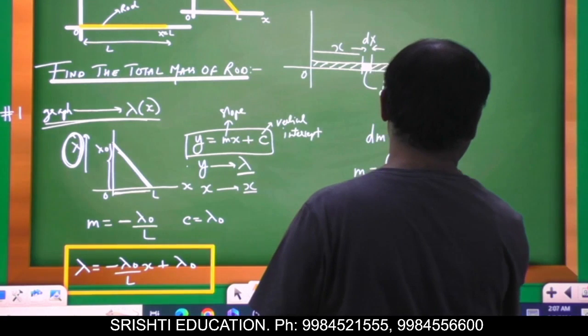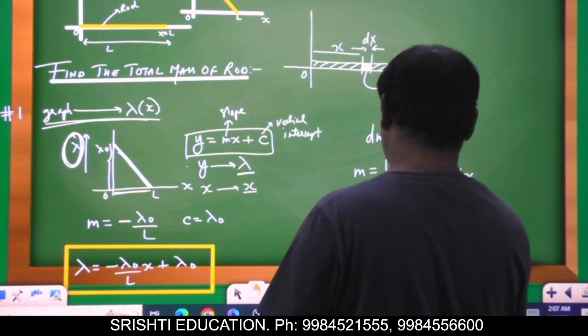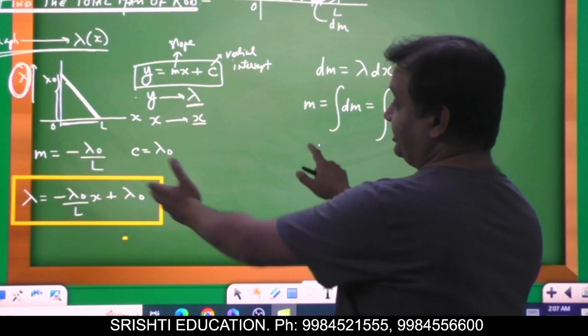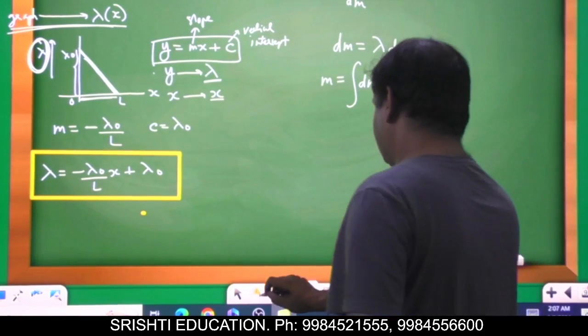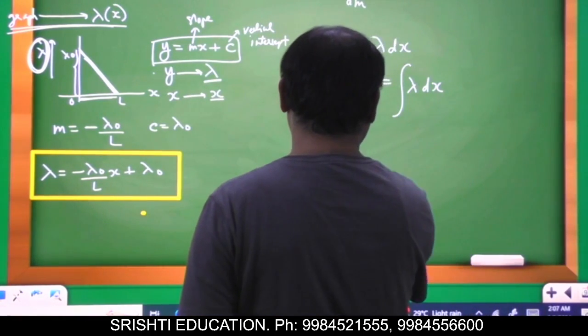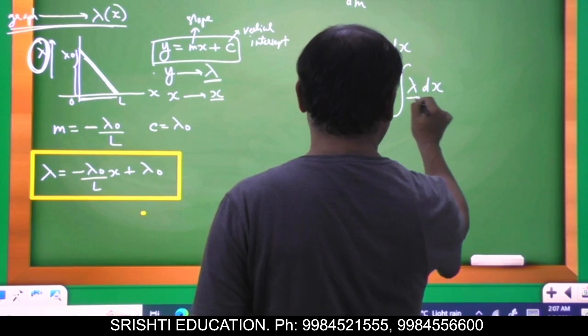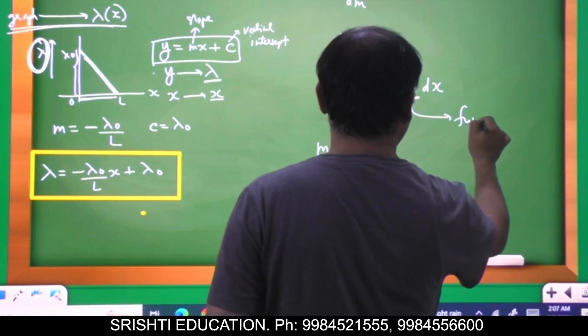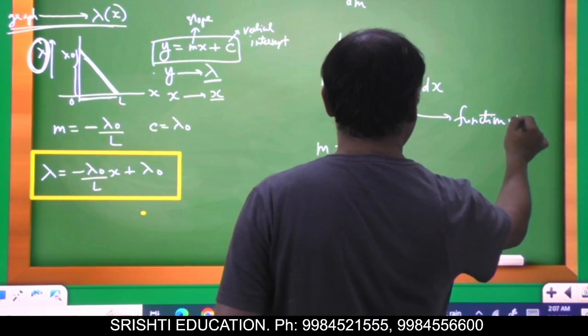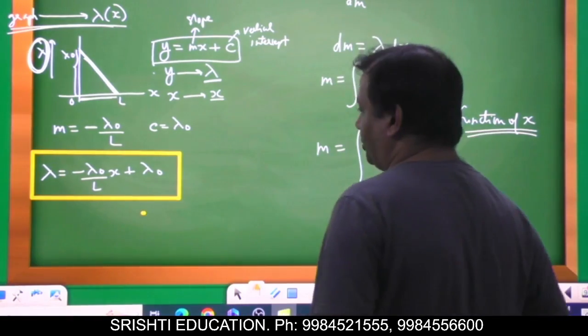So it is integral of lambda dx, and again we can't bring lambda outside because in this case lambda is a function of x. So we have to put lambda as a function of x, then only the integral will be possible.